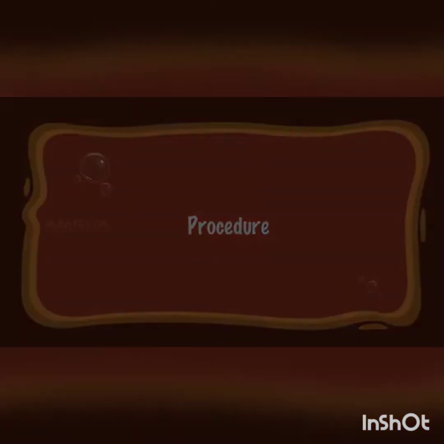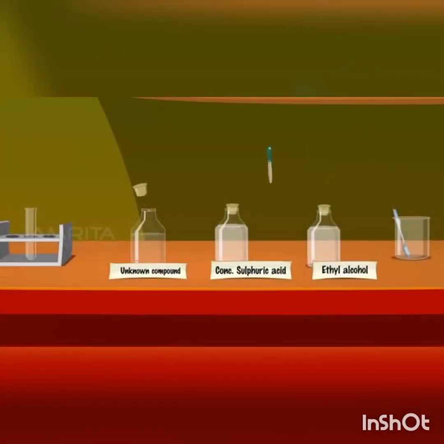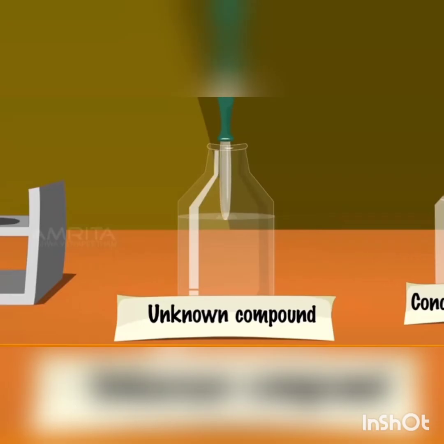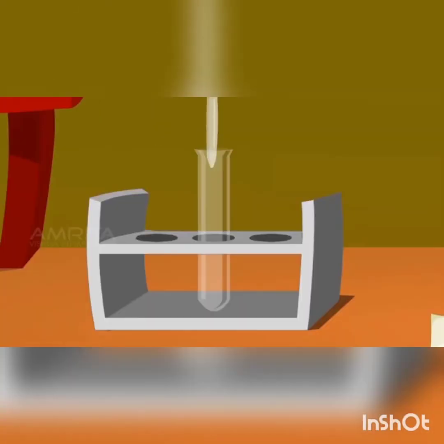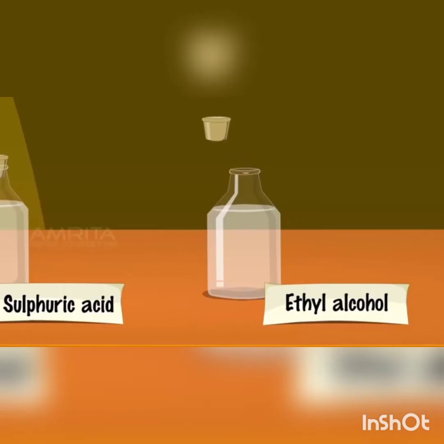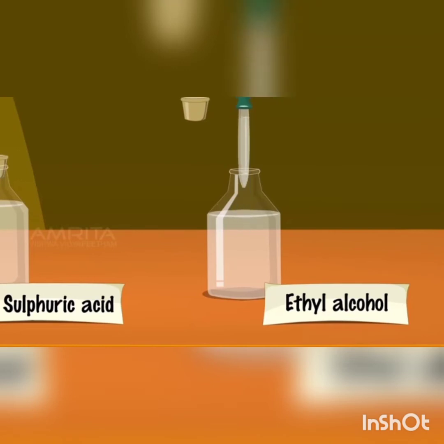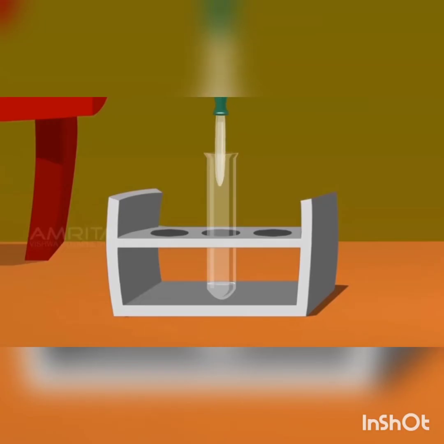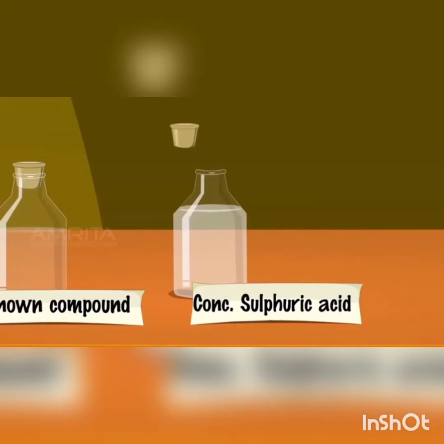Ester test. Procedure. Take a dropper. Take a few drops of unknown solution. Add it into the test tube. Take a few drops of ethyl alcohol using a dropper. Add ethyl alcohol into the test tube. Take 1 to 2 drops of concentrated sulfuric acid using another dropper.